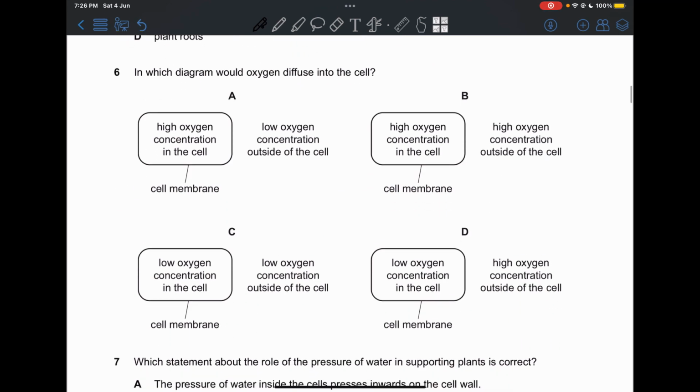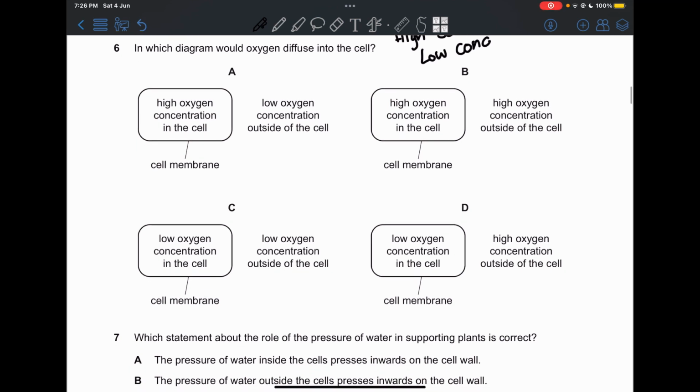Now, number 6, in which diagram would oxygen diffuse into the cell? Now, we know that diffusion is from high concentration to low concentration. So we're going to be choosing something which has a low concentration, because the high concentration would diffuse in. So let's see.